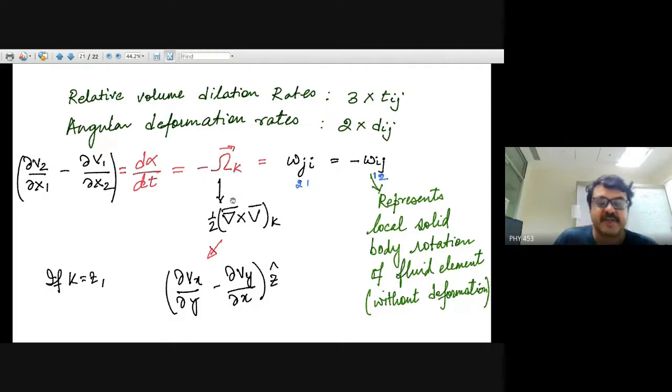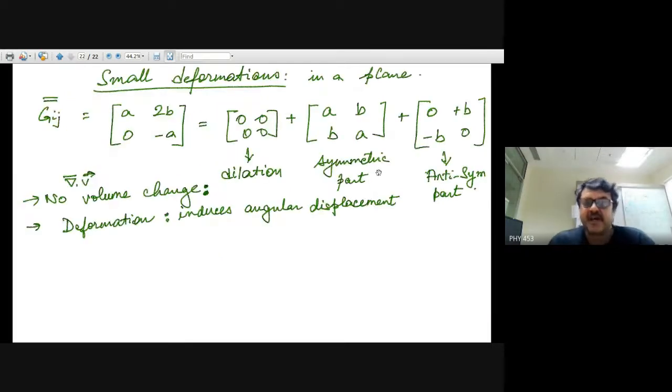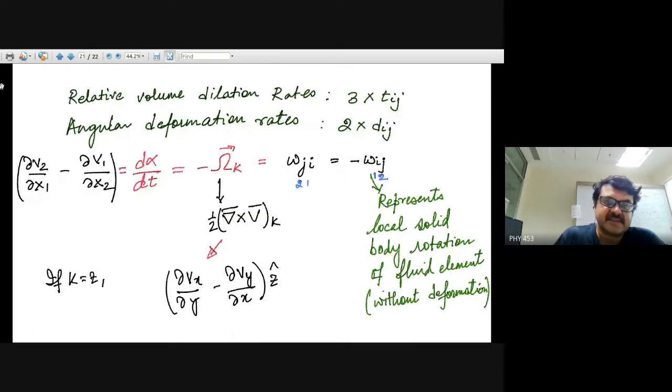Suppose there was only a planar flow, right? On one hand, this is equal to this, but you know that this is equal to the minus of curl v, and that is what the omega ji is. Or if you want to write in terms of omega ij, this quantity is minus omega ij, or omega ij is minus, if you like, curl of v.